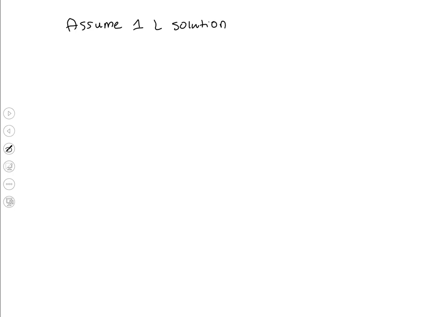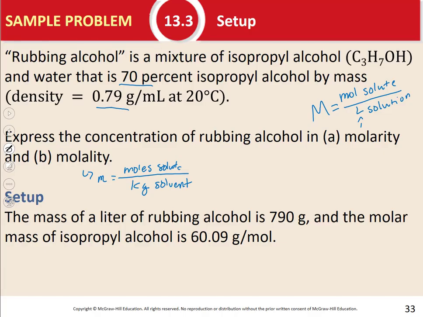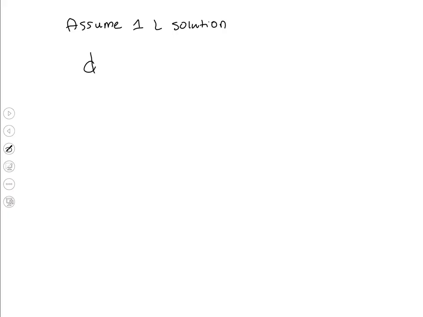First of all, we're going to take that liter and use this density to convert that liter into a mass. So 0.79 grams per milliliter. Again, density is mass over volume, so mass is density times volume.